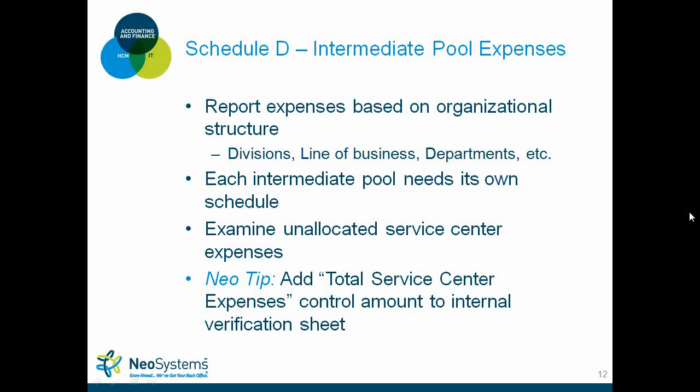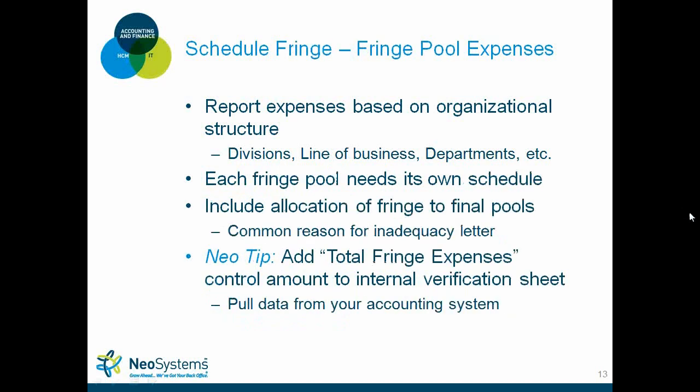We find this a lot in customers where, as you're closing the year, the allocation process is run maybe right before, and there are other changes right after that. So don't forget to run it again to ensure that everything has been allocated out. And again, have a total service expense control amount as a way to tie that out, especially the allocation basis as well.